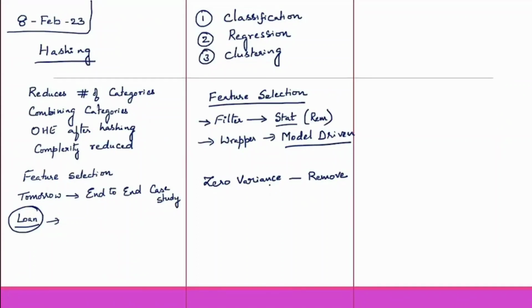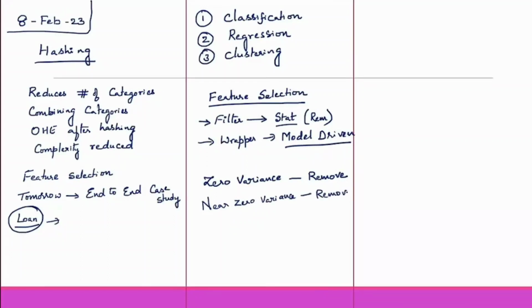When you are collecting the data, you don't know whether there will be a variation in the column or whether there would be one single value, because in the data collection phase that much care is typically not given. So any column which has only one unique value, you should directly remove that column. Sometimes near zero variance columns are also worth deleting.